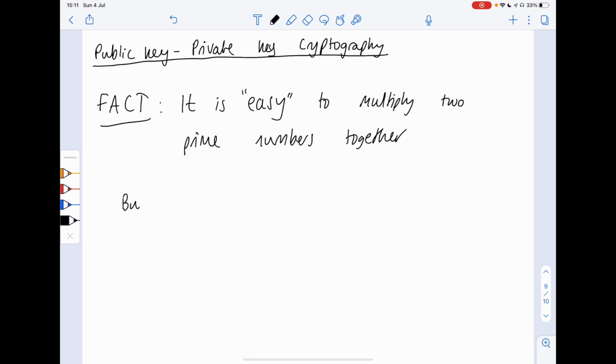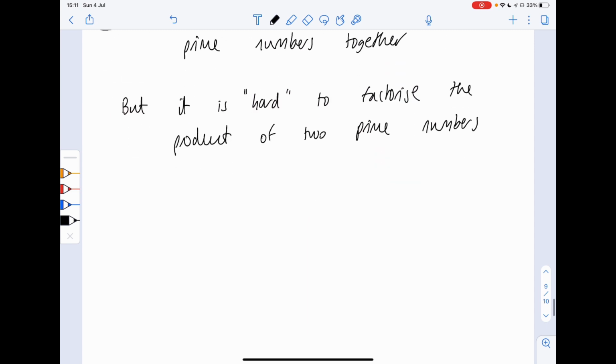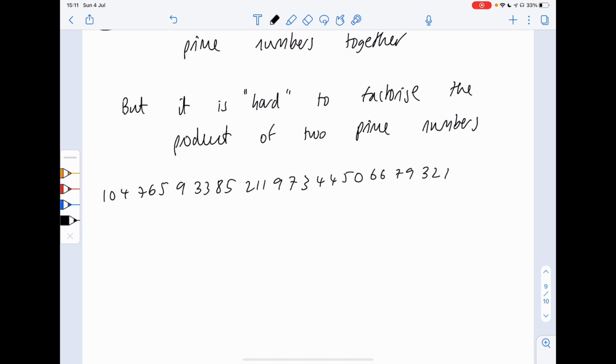But it is hard, whatever that means, to factorize the product of two prime numbers. So, for example, if I give you a massive number, 1047, right?